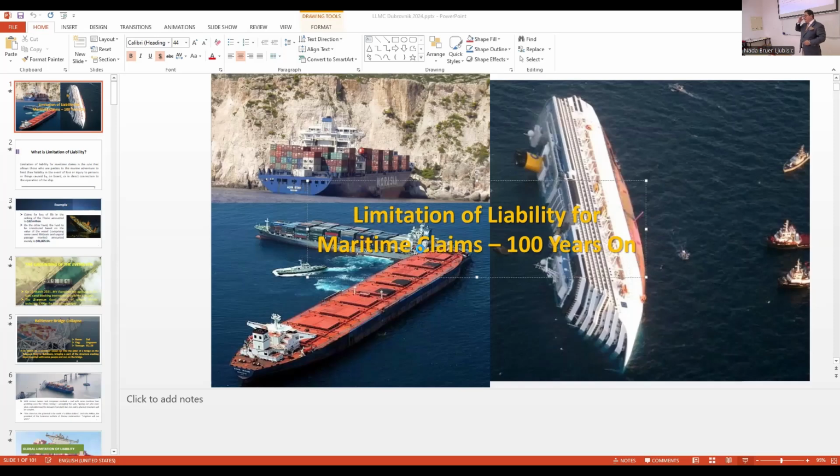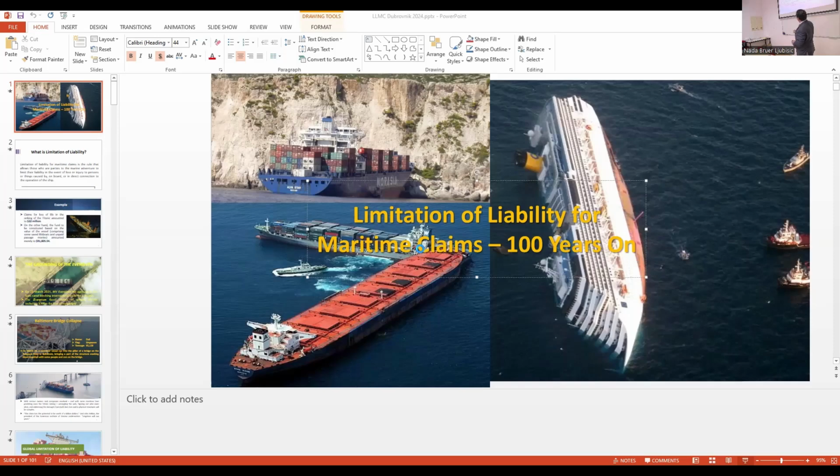The limits of liability, as opposed to earlier versions that were just X by the number of tons, are on a sliding scale, and the bigger the scale, the less amount they pay per ton. So bigger ships pay less per ton than smaller ships. You can see them here.